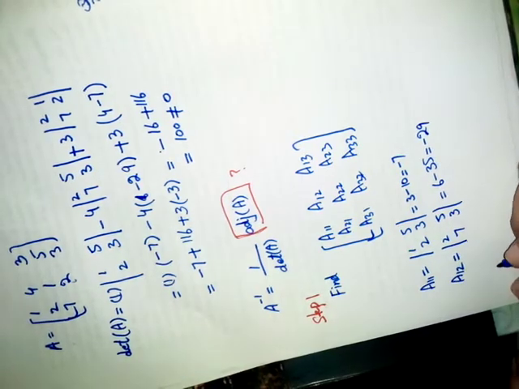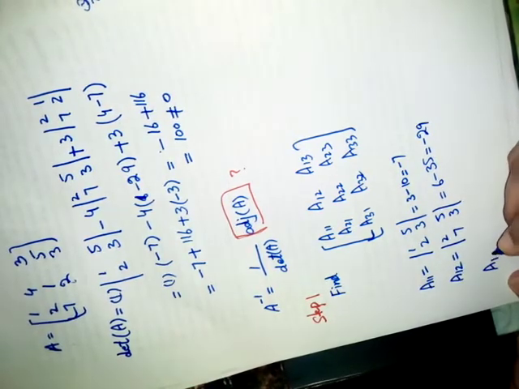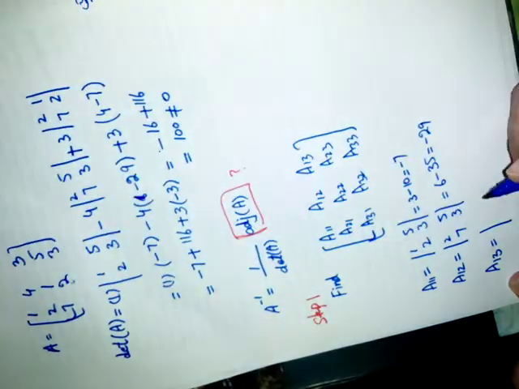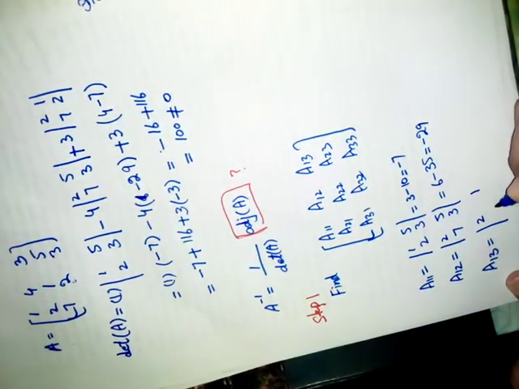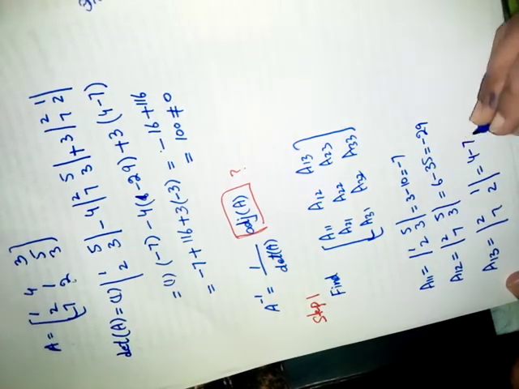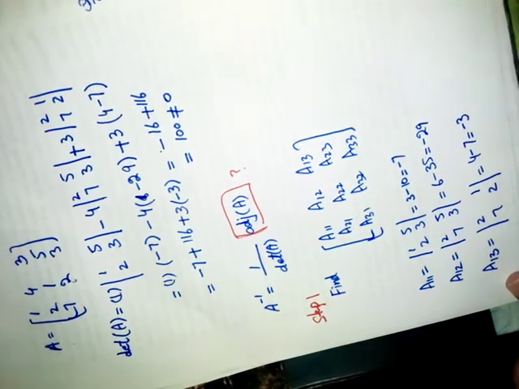Similarly, evaluate A13. Leave the first row and third column, it will be 2, 1, 7, 2. The answer will be 2 to the 4 minus 7, it will be minus 3.